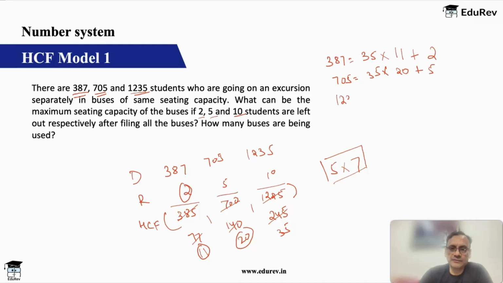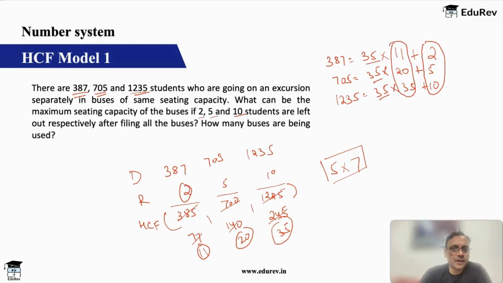And 1235 is equal to 35 into 35 plus 10. So these are what are left out. This is the capacity of the bus and this is the number of buses which are required.